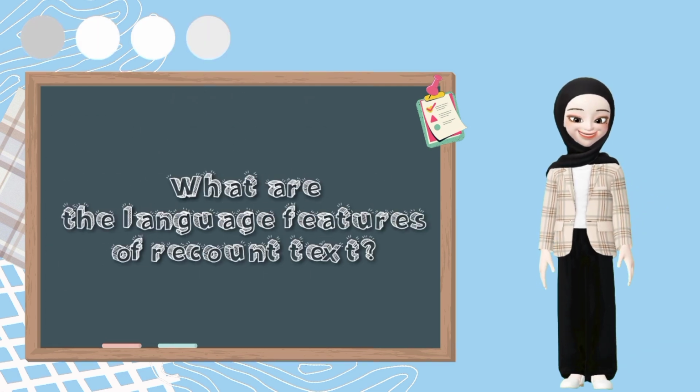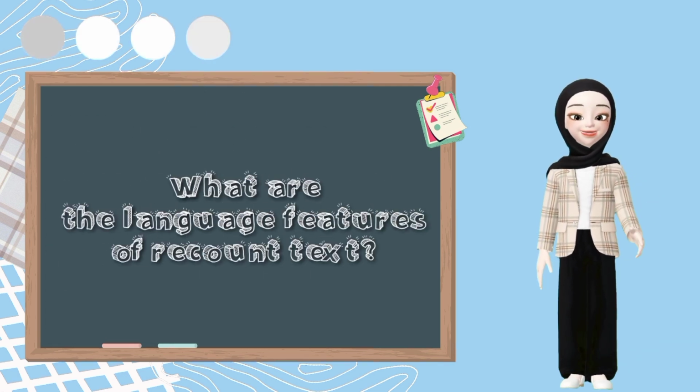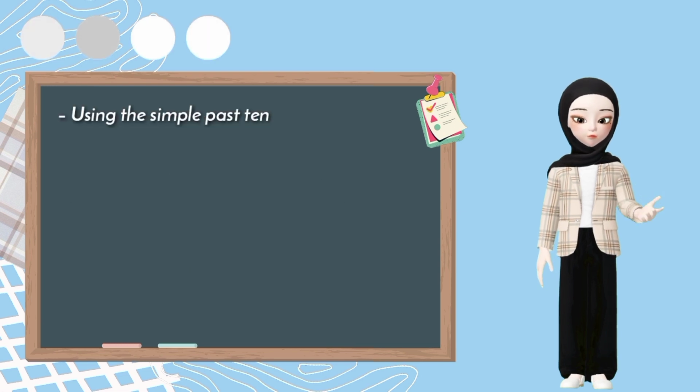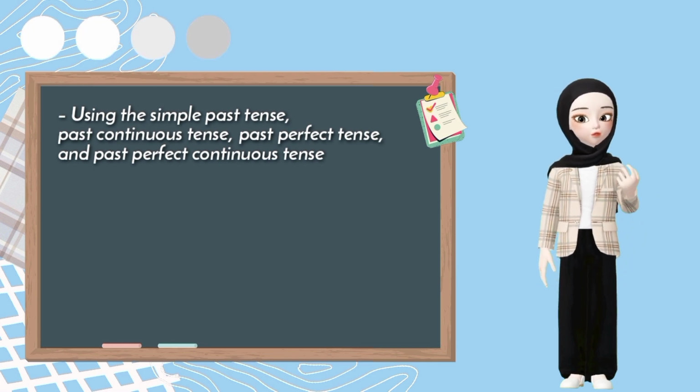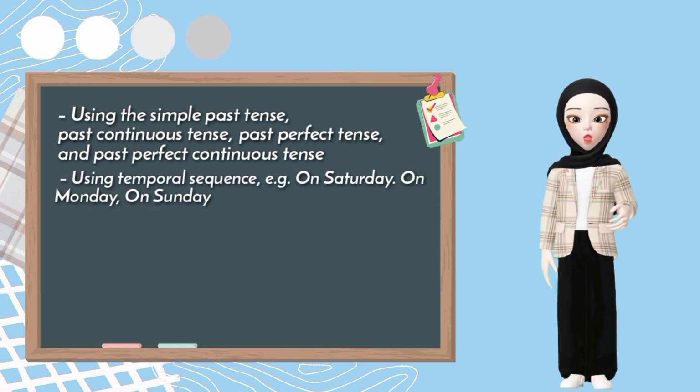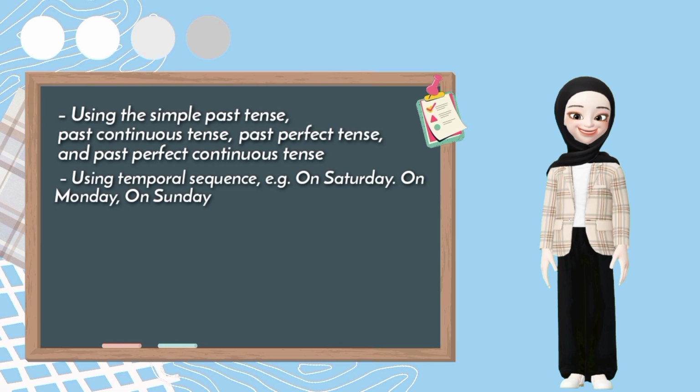What are the language features of recount text? First is using the simple past tense, past continuous tense, past perfect tense, and past perfect continuous tense. Because we tell a story that happened a long time ago, we use past tense to make recount text. Second is using temporal sequence.